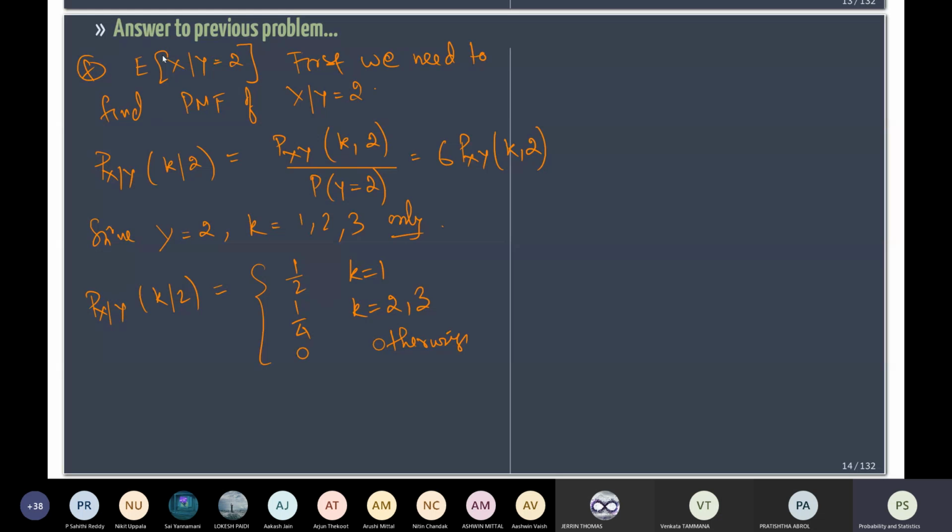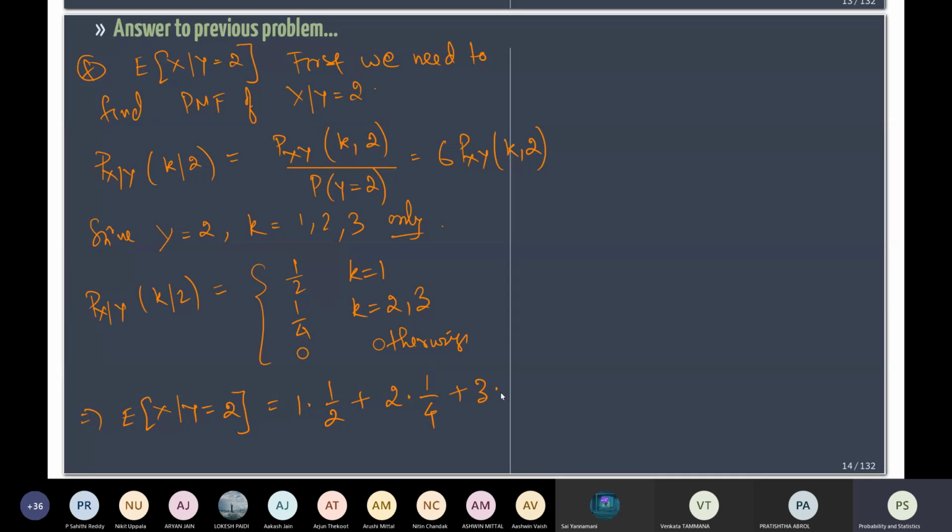Now we have found the PMF that we needed, so we are ready to find the expectation. The expectation of x given y is equal to 2: if y is equal to 2, x can take values 1, 2, and 3. For 1, the PMF value is half. For 2, it is 2 times 1 over 4.